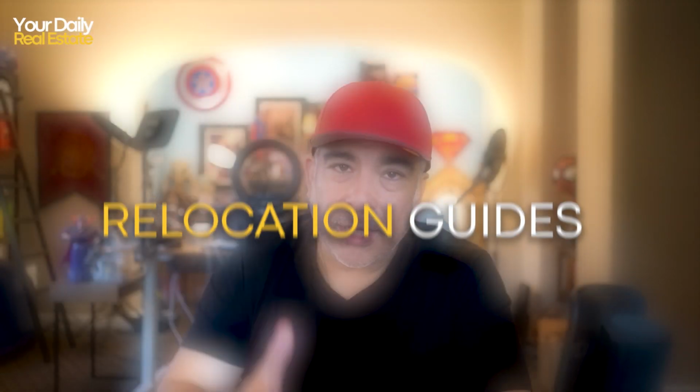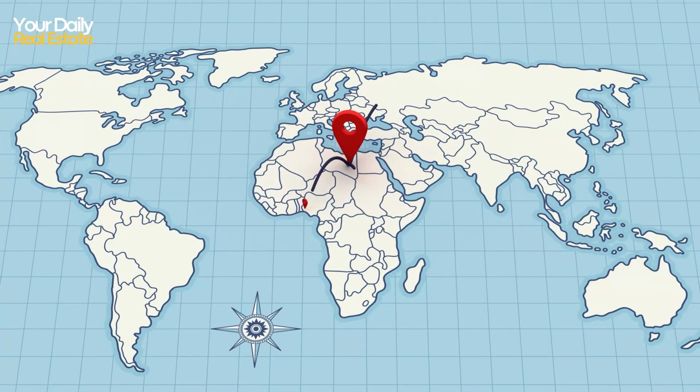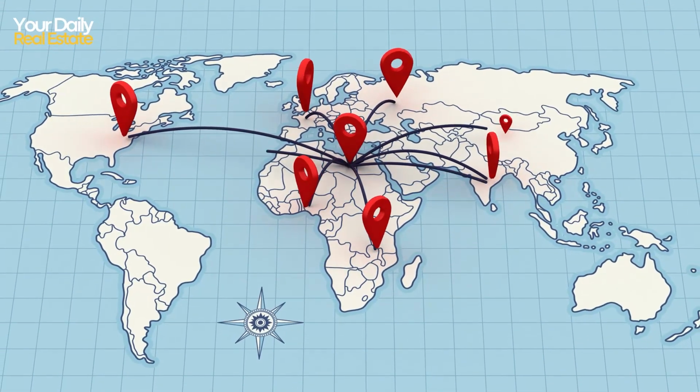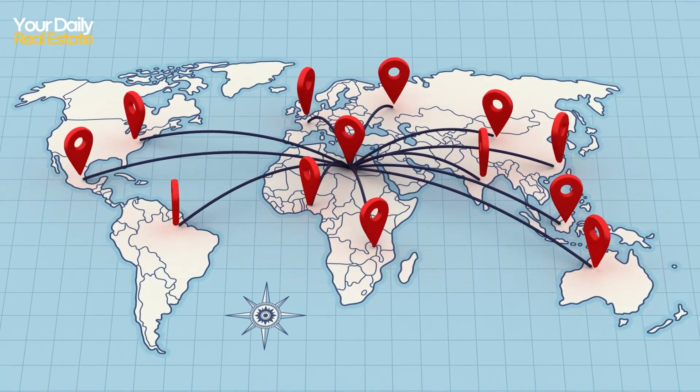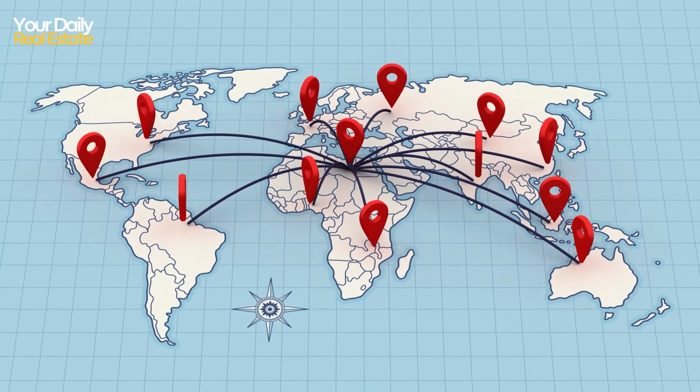Things like that. The third category is relocation guides. This one does really, really well, especially if you're going to turn your blog into a YouTube video. Relocation content can reach people months before they're ready to move. Someone in Seattle, Chicago, or New York might be researching your area late at night without knowing a single local agent.